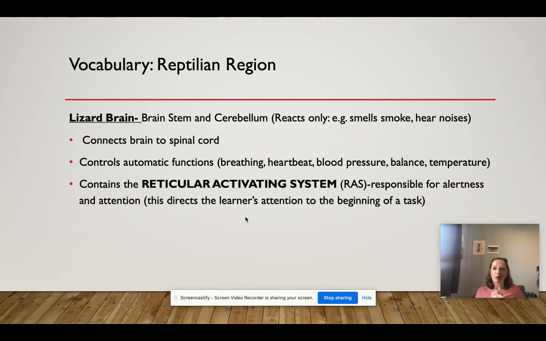So it's what will direct our kids' attention to the beginning of a task. That reticular activating system has to be activated in order to get kids' attention.